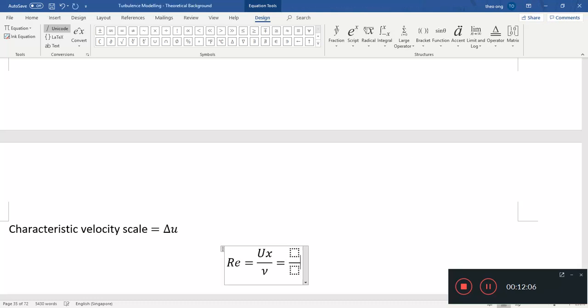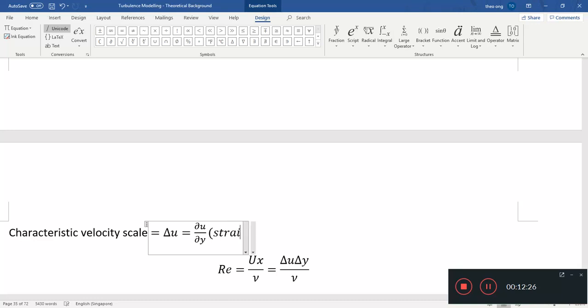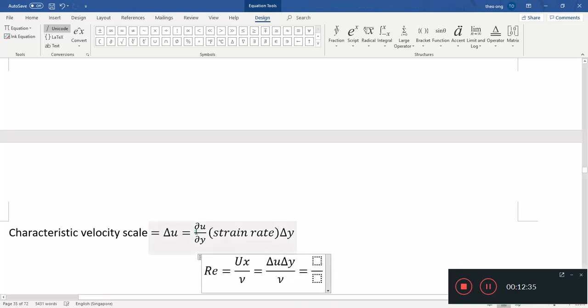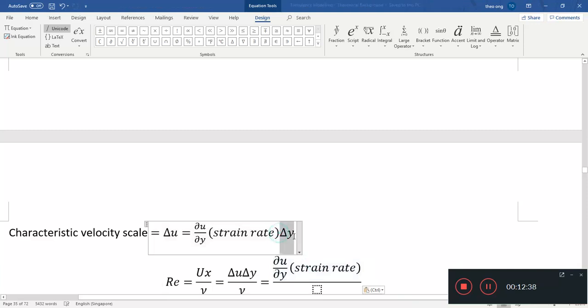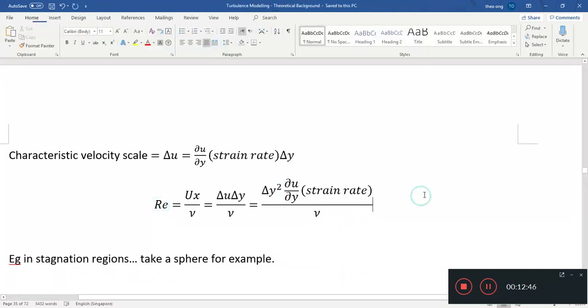So delta U delta Y over nu equals partial U partial X or partial U partial Y, which is the strain rate, into delta Y squared over nu. So that's how we get that formulation. Increasing strain rate increases Reynolds number, right?